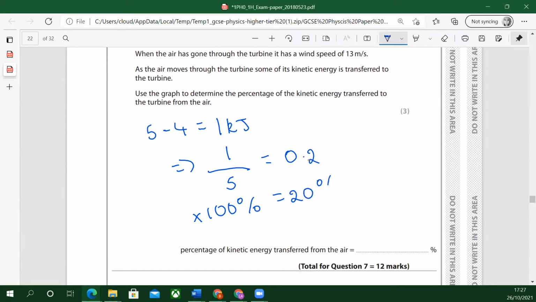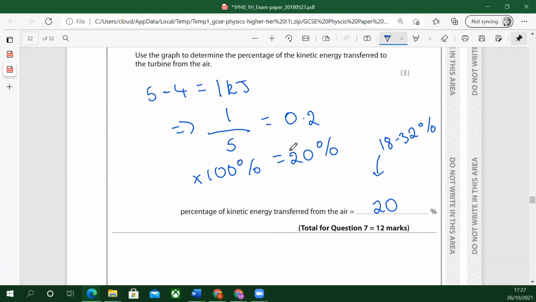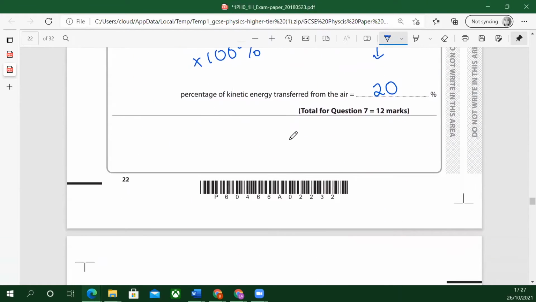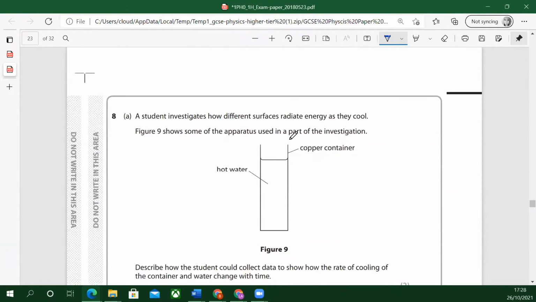I'm going to write 20 here. That depended on how you read your graph. I actually read the mark scheme and they accept answers between 18 and 32, so quite a big range of answers. In the exam, it's a bit easier because you're right in front of the paper and you get your pencil and you draw across.